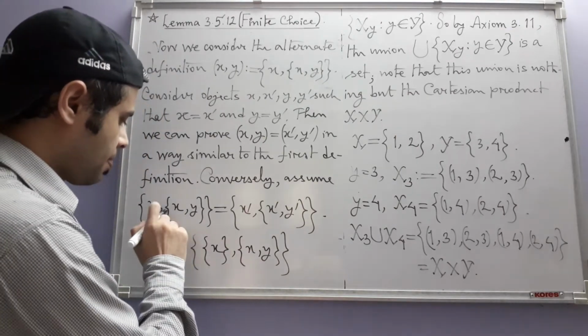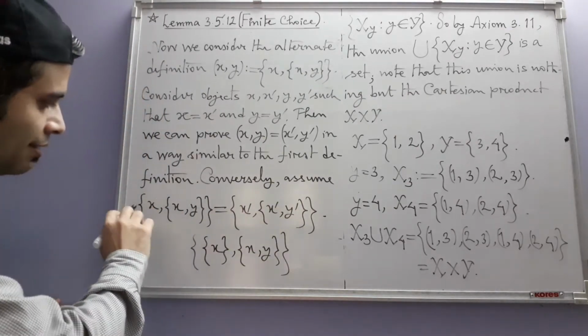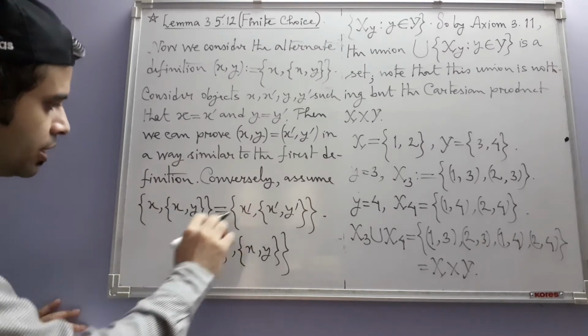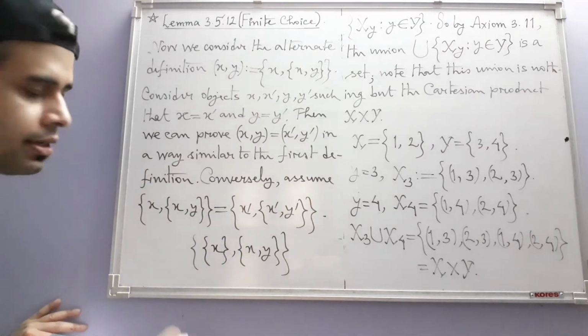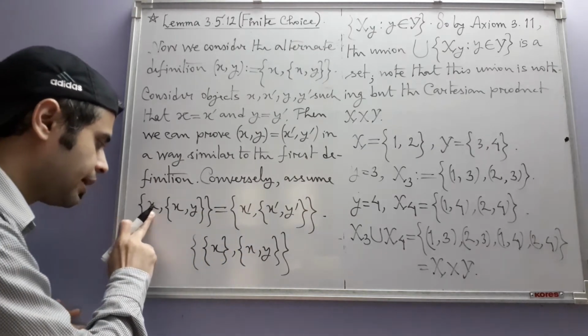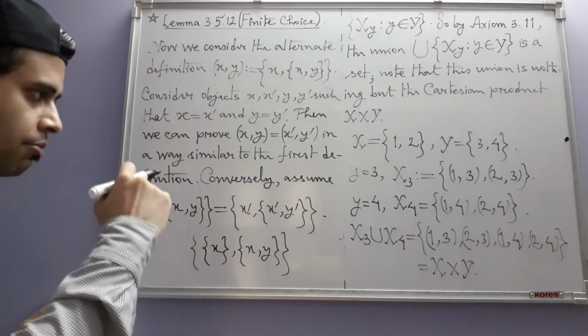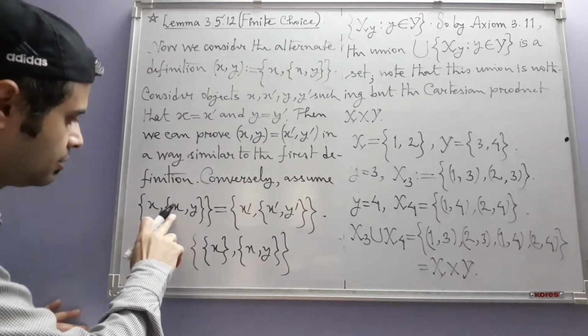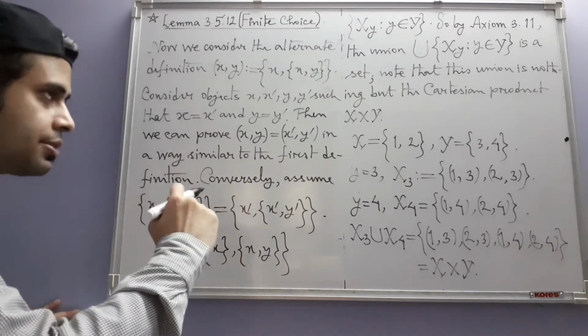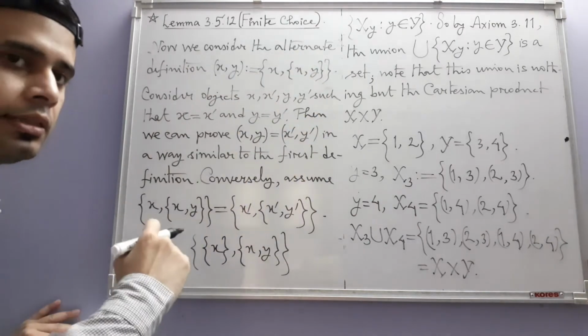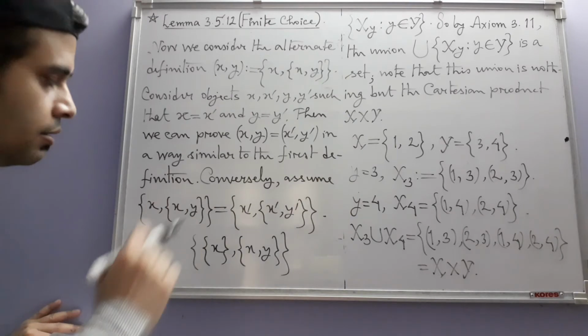However, here we definitely have a situation where we have elements from different hierarchy. The object x lies at one stage of the hierarchy. This object lies above that stage, in the next rung of the hierarchy.